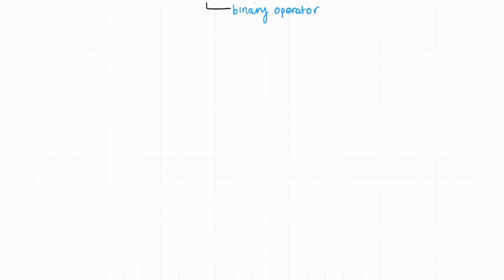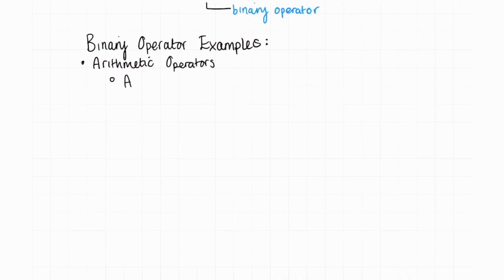Let's go through some binary operator examples to make this a little bit clearer. Maybe pause the video and see if you can think of any. Well done if you have, because it means that my explanation a second ago was clear enough. We have lots of different types. We can have arithmetic operators, and this includes addition, for example, 3 plus 4.